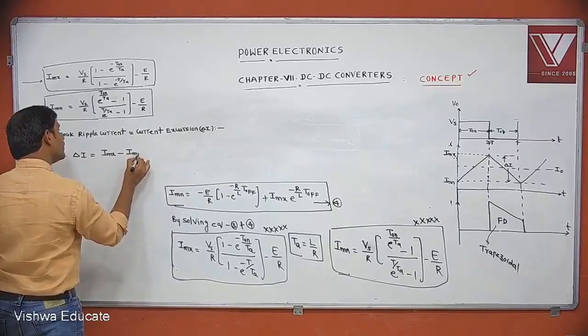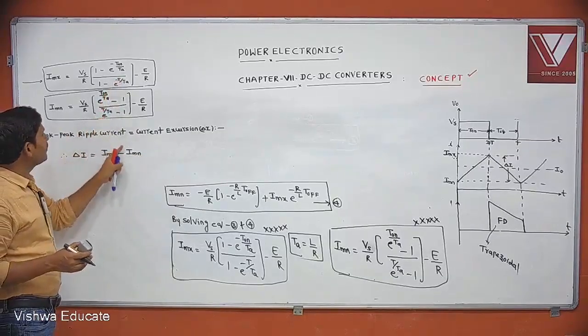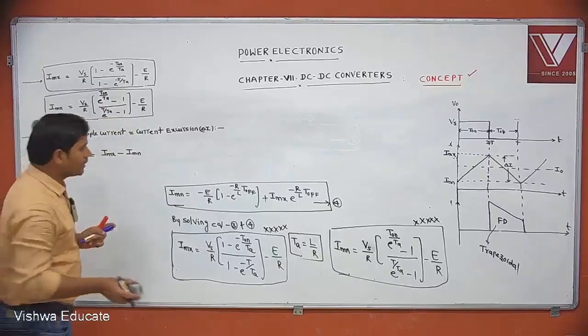You know the expression for the maximum value and the expression for the minimum value, so substitute them here. Then what do you get?